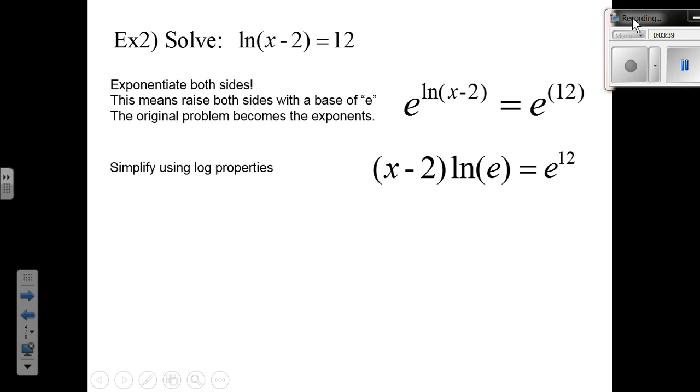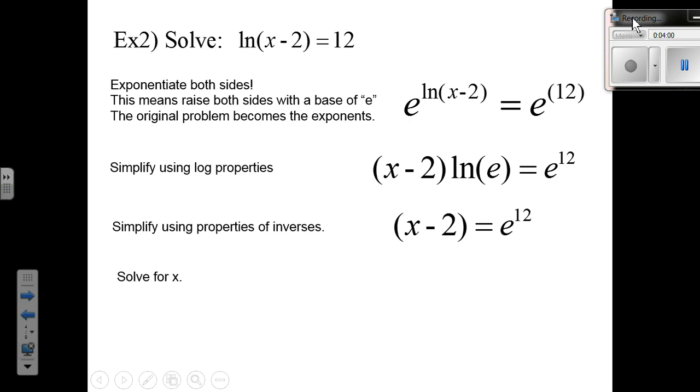So if I have e to the ln of x minus 2, then that's just going to be x minus 2 times ln of e. ln of e is just 1. Okay, it's like e and the ln cancel out. Okay. All right, so then all we have to do is solve for x. And then we have that. Just keep it like that. That's totally fine. That would be your decimal answer.